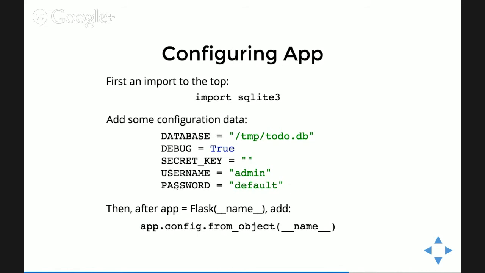After that, we need to add app.config. So after the app equals Flask name line, add this line as well.